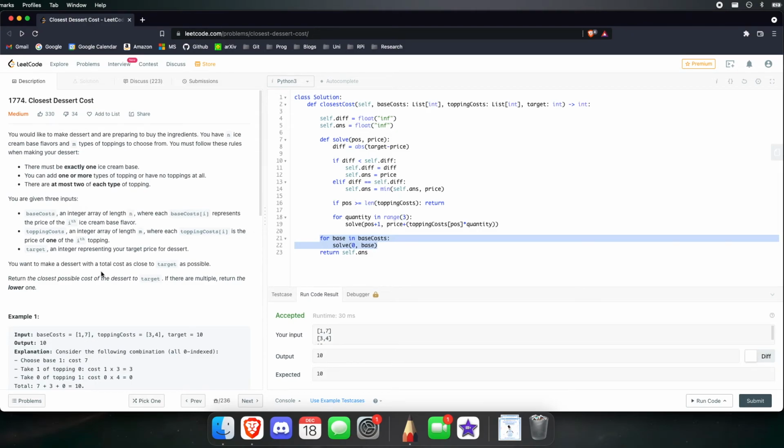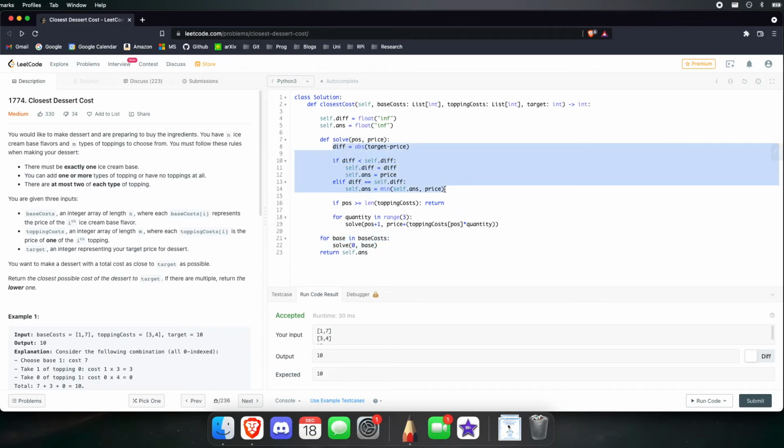This next sentence, where we want to find a total cost as close to target as possible, tells us that we're going to be calculating the absolute value difference between target and the current price we have accumulated. And that's the main number that we're trying to minimize.